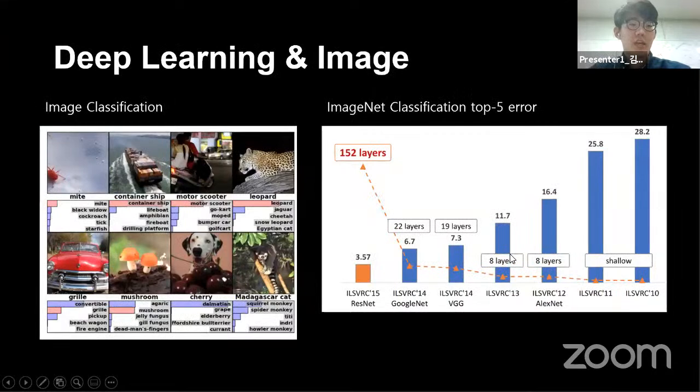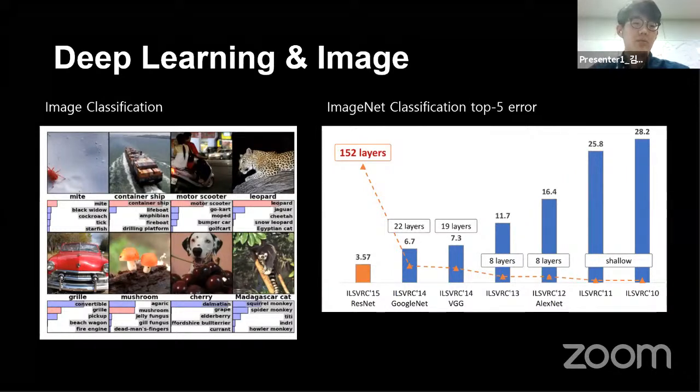Deep learning technology has dramatically improved in the last few years. Specifically, its contribution in the field of computer vision was great. This is the ImageNet classification challenge, a competition on the performance of computers classifying images. There is an image of some category, and the computer predicts which category the image belongs to. If you see the top 5 error over the last few years, it has greatly decreased as the neural network gets deeper.